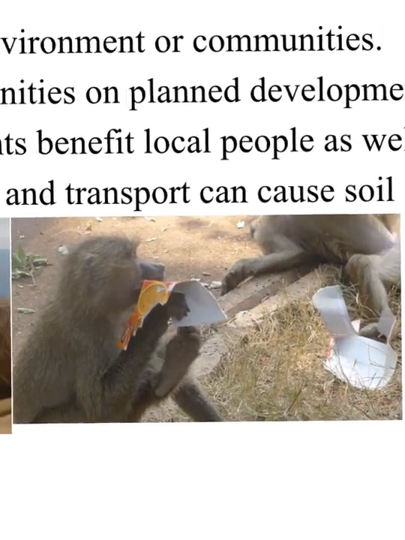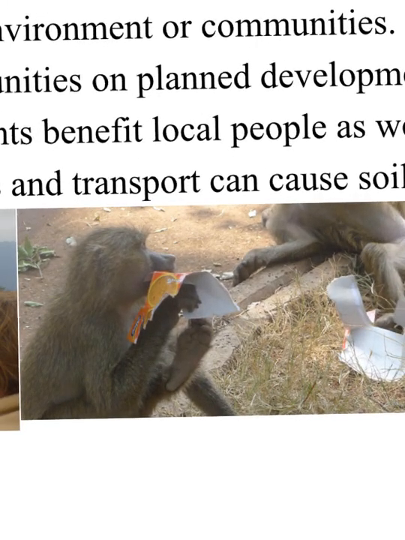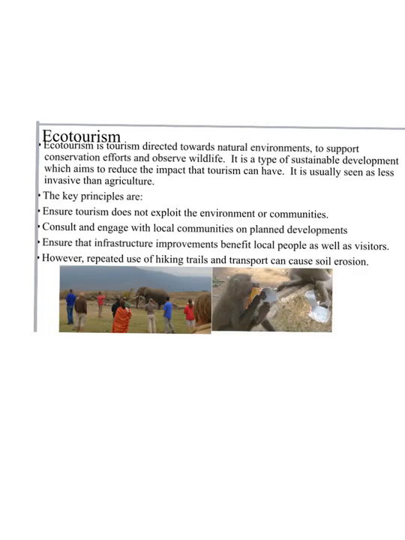Obviously, with all the tourists, they bring food, and this can lead to the taming of wildlife, which results in them becoming not afraid of humans anymore and seeing them as a food source. So litter, pollution, the exploiting of local communities and the animals, as well as soil erosion by the tourists, can cause many problems in the area.